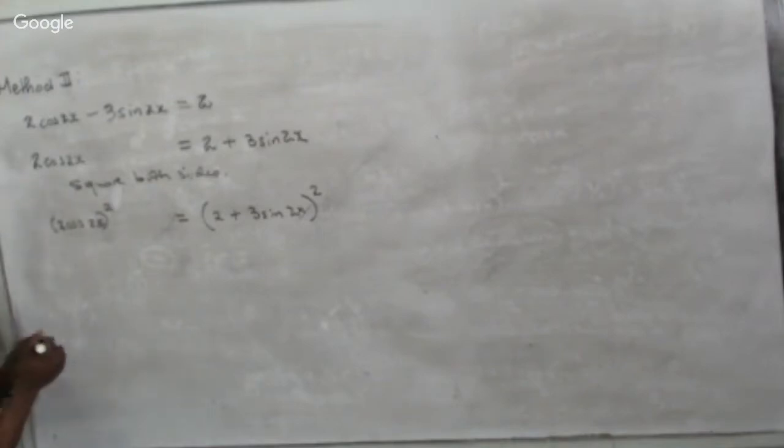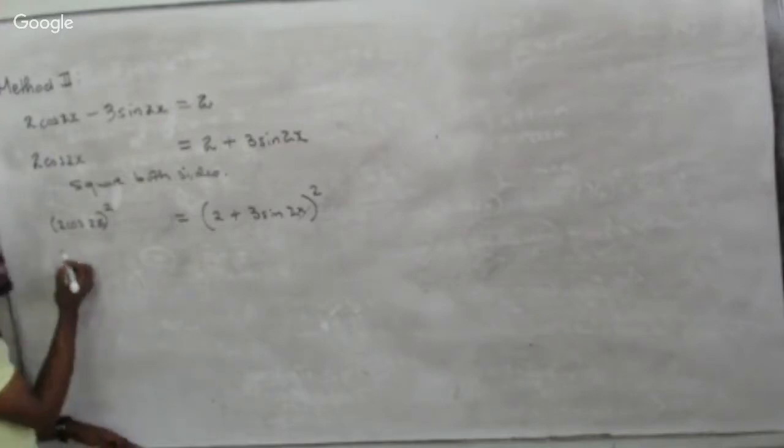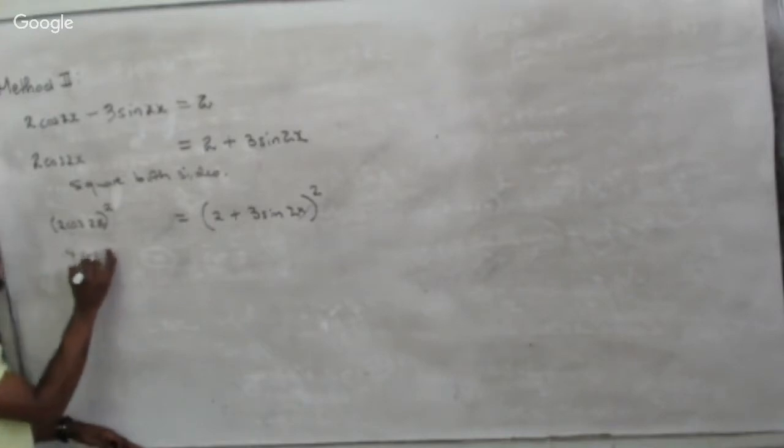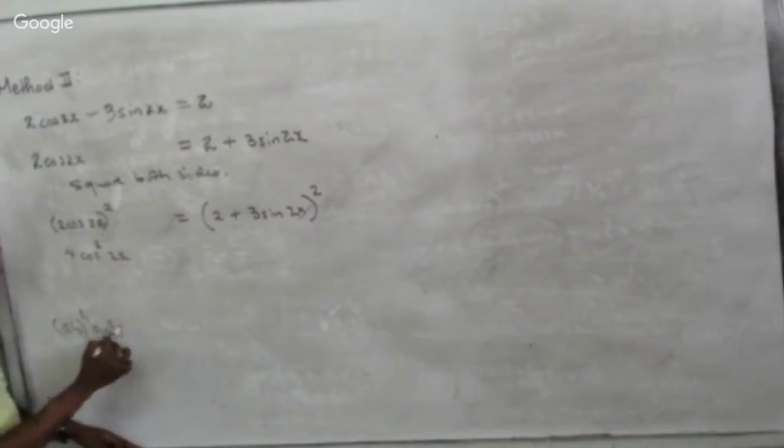When I have this square, what would that be? What is it? 4 cos squared 2x. Remember, (AB) squared means A squared and B squared.